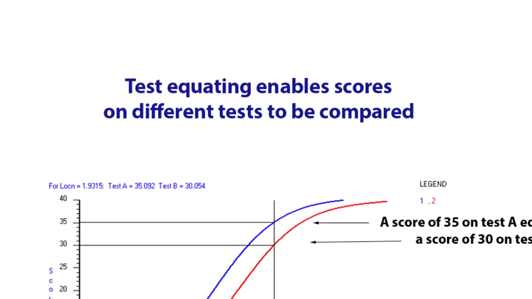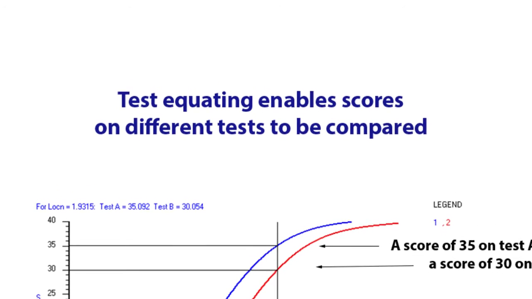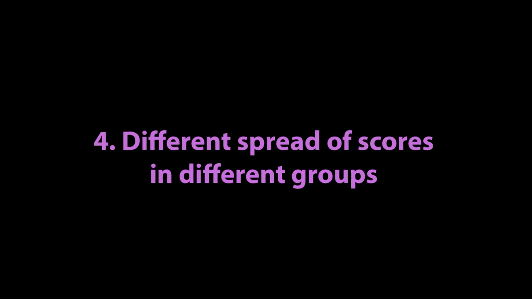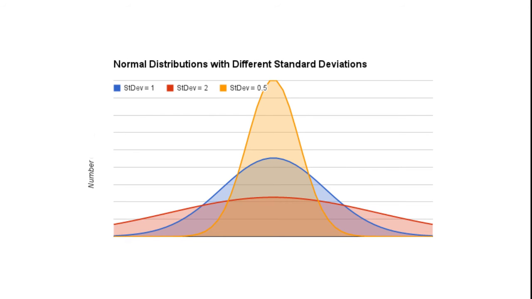There are various other considerations in using effect size. The spread of scores may be smaller or larger in one group relative to another. For example, the spread of scores for Year 3 students may be larger in one school than in another school.